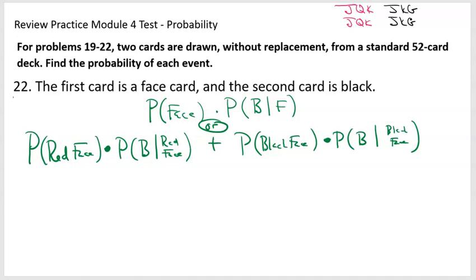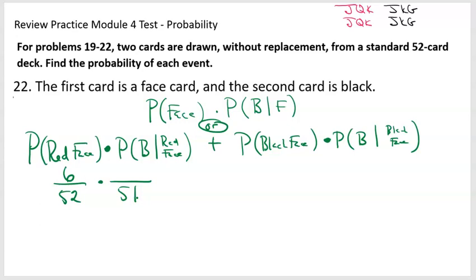So the probability of getting a red face card, well, there's only 6 of them, right? So it's going to be 6 out of 52 cards. That's our first card. Times, now, we've got to assume that we pulled out that red face card. So now there are only 51 cards left in the deck.